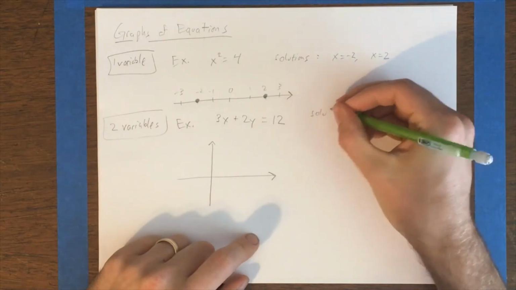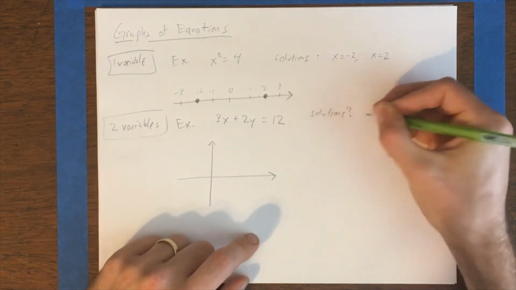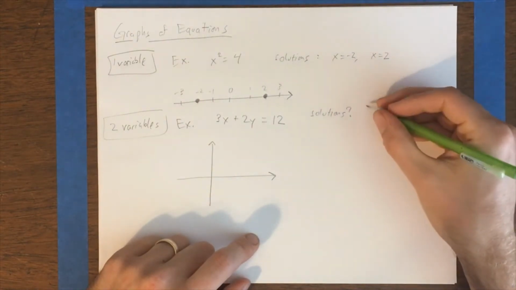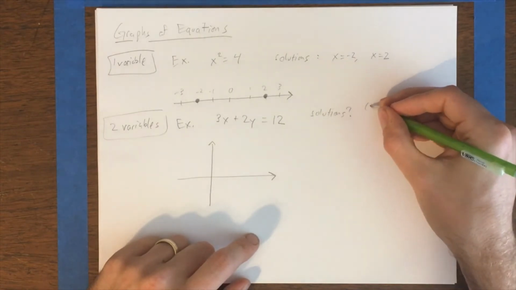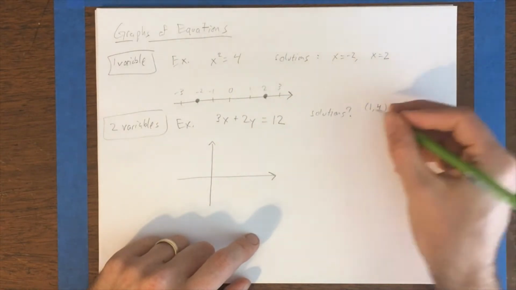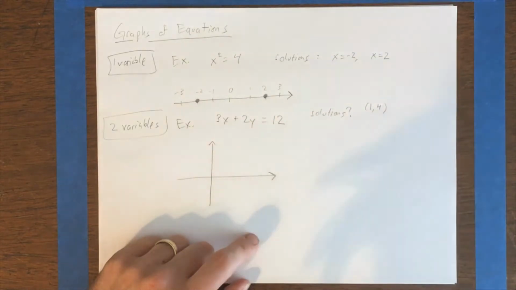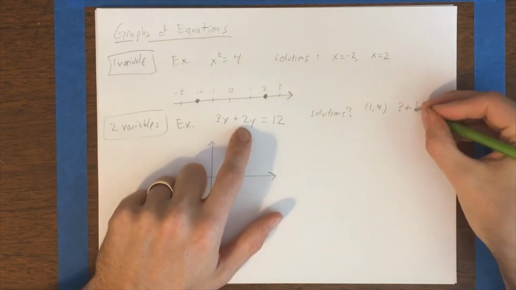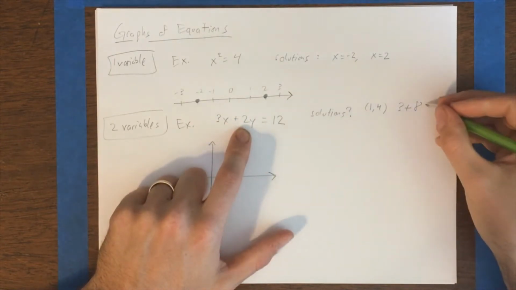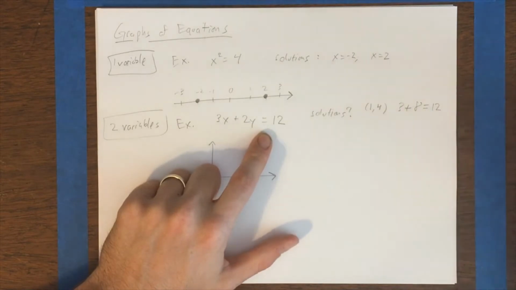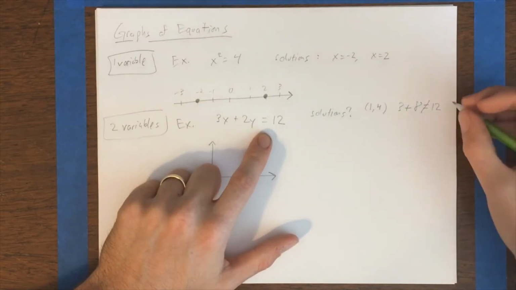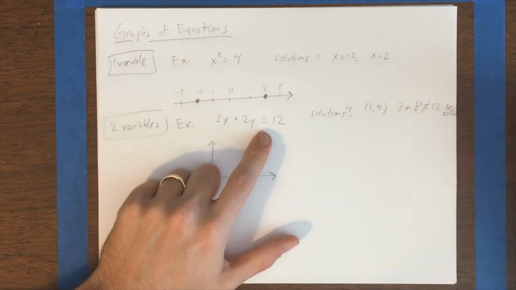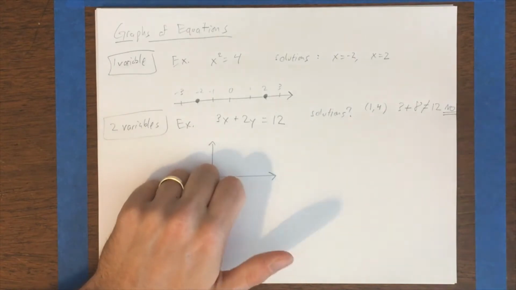Well, you can just guess some values for x and y. Let's say we ask what happens when x equals 1 and y equals 4. I'm going to represent that as an ordered pair like we do in the plane. If x is 1 and y is 4, we would have 3 times 1 plus 2 times 4. That would give us 3 plus 8. Does that equal 12? No, that's 11. So no, (1, 4) is not a solution.